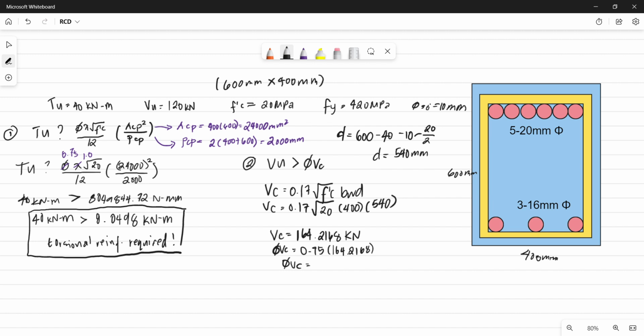Your VBC is equal to 123.1626 kilonewton. Since your VU is equal to 120 kilonewton, this is less than your VBC, 123.1626 kilonewton. Okay?